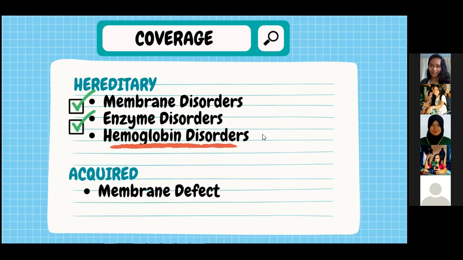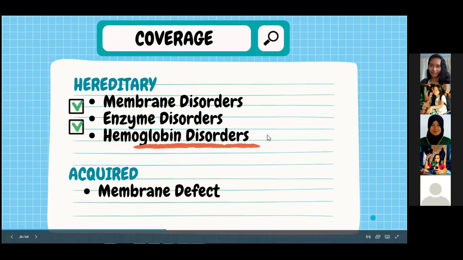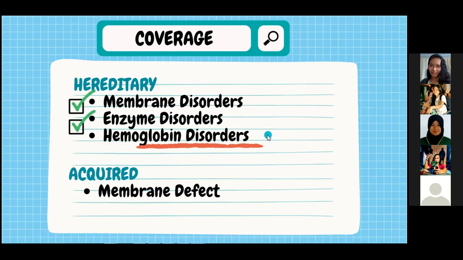So hemoglobin is a protein in the blood that carries oxygen, and we all know that oxygen is very important sa body. Kaya in order for us to move or do the things that we want to do, we need oxygen and nutrients in our body. And because of hemoglobinopathies, we are unable to do those things.